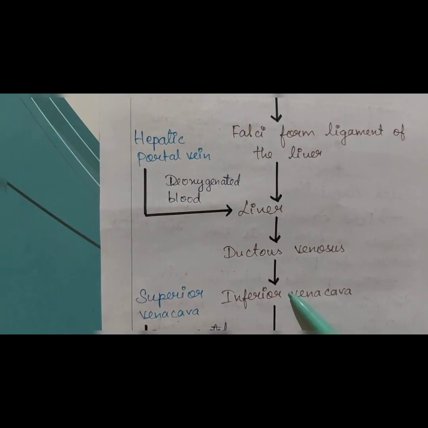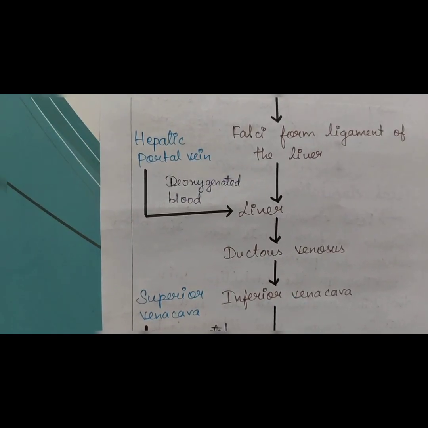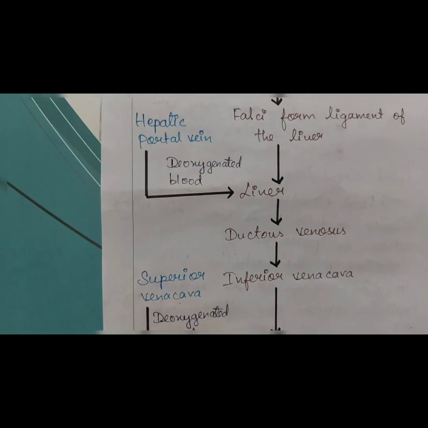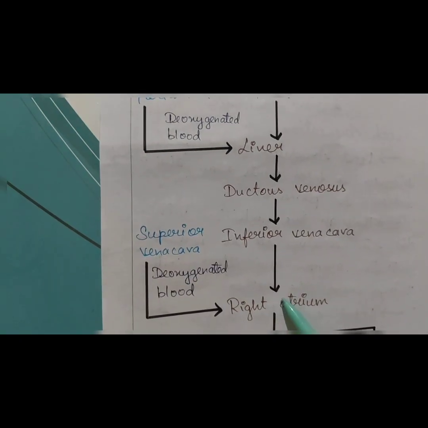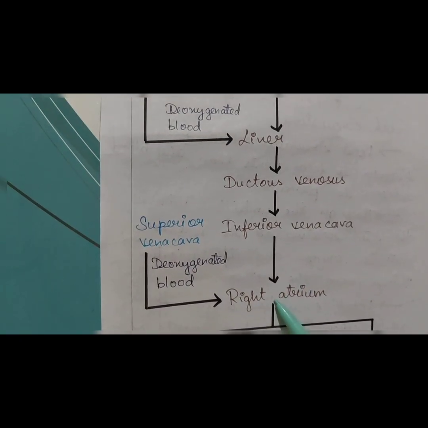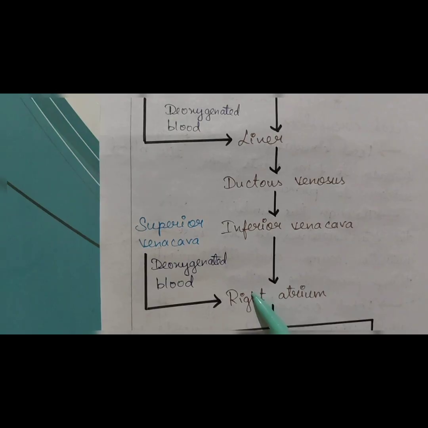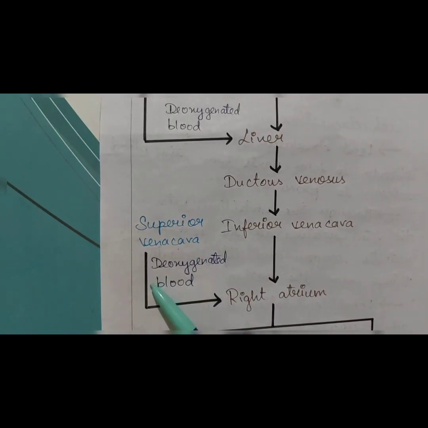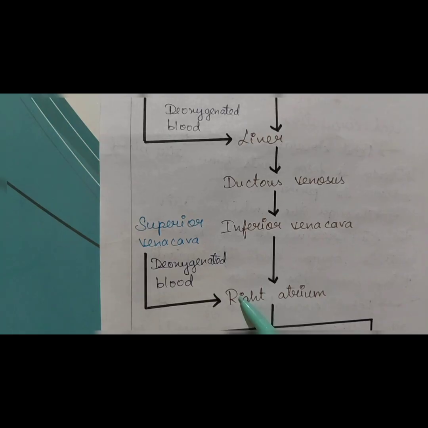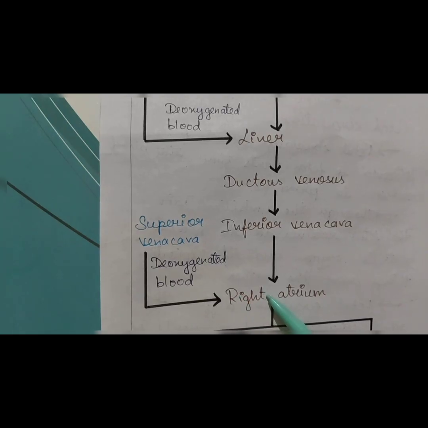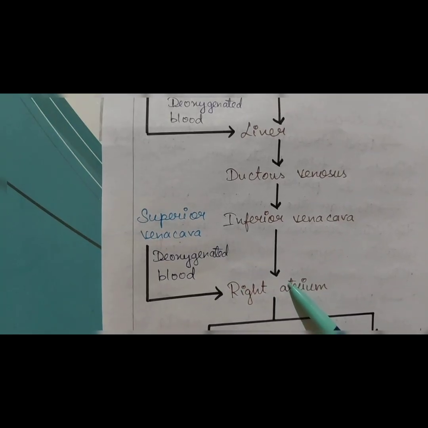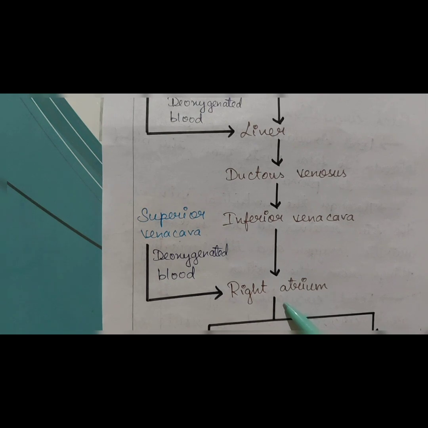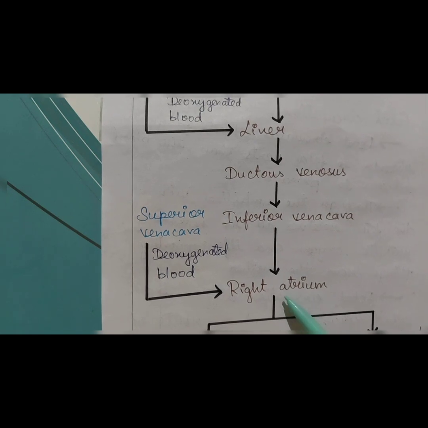From the inferior vena cava the blood reaches the right atrium. There it also receives deoxygenated blood from the superior vena cava. When the blood enters the right atrium, it is divided into two parts.